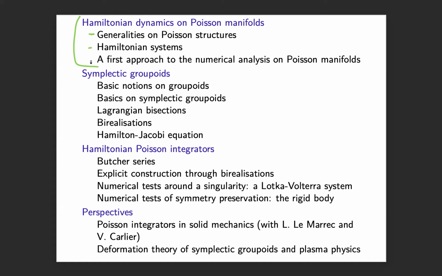And then I will explain a bit why traditional numerical methods cannot approximate Hamiltonian dynamical systems, and why we should develop more sophisticated numerical tools to construct numerical methods for Hamiltonian systems.